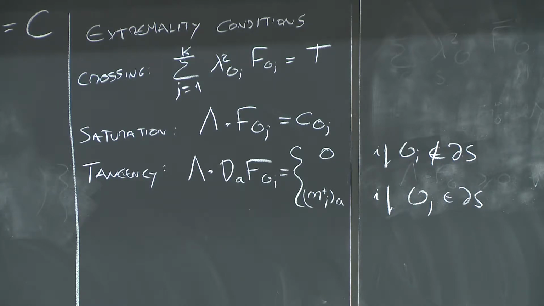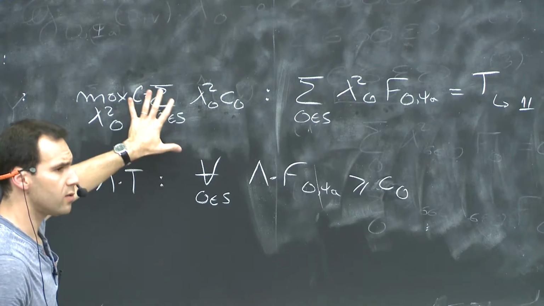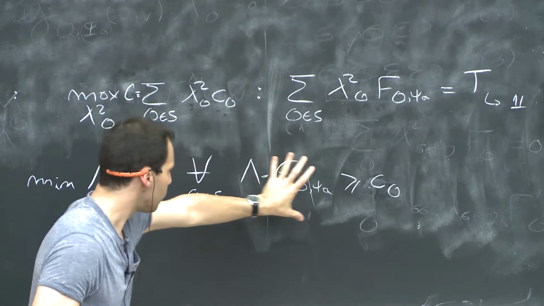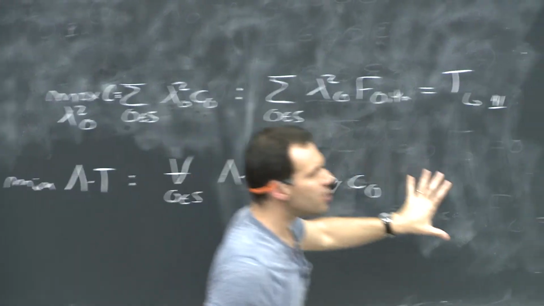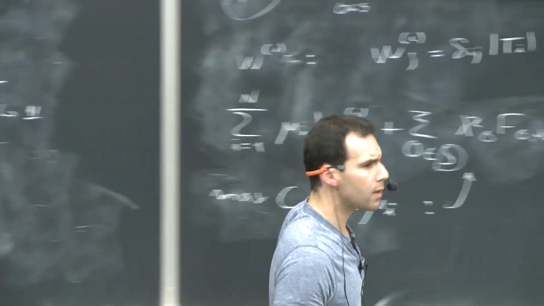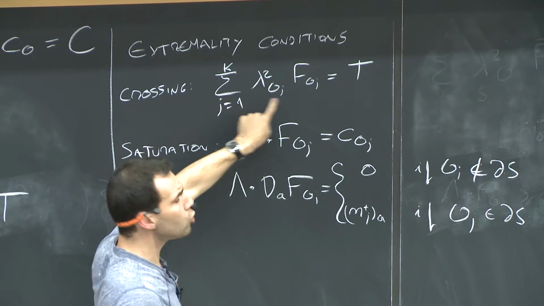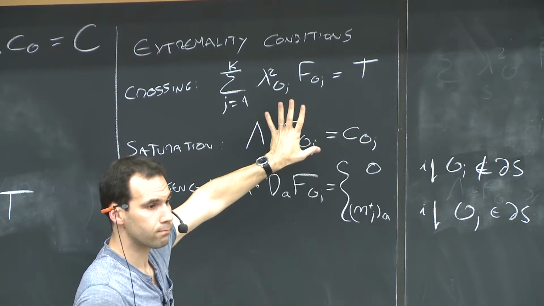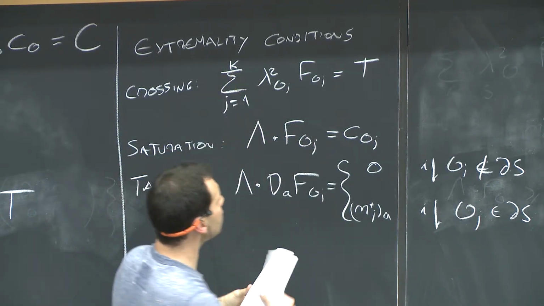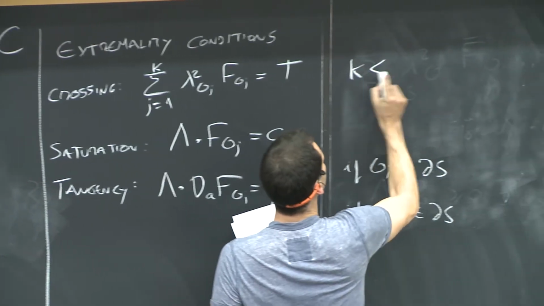So we were solving this problem. We know that it should be related to this one, but we're just solving this problem. Then this theorem tells you that after you've solved it, several things happen. A solution to crossing automatically appears, involving k vectors, and k is smaller or equal than n.